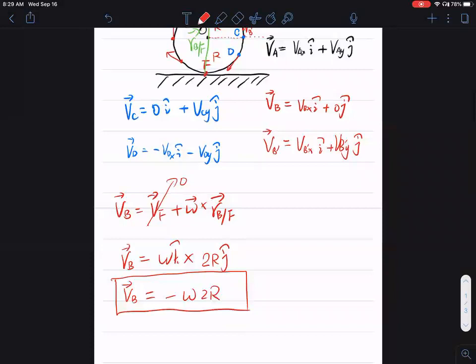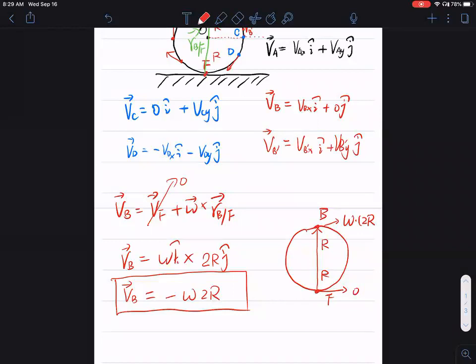So in this case, this is a wheel, this is point B and F. If we know the angular velocity and only look at the magnitude of the speed at point B, we have 2 times omega R, since here we have 2 R's. Let me write that as omega times 2R. And that point has 0 velocity.